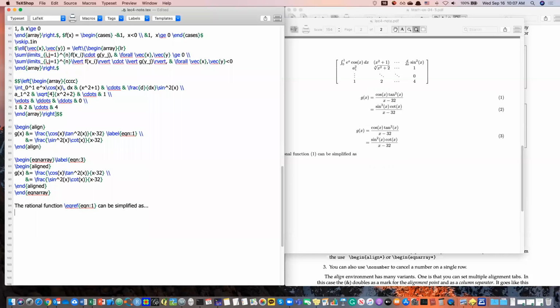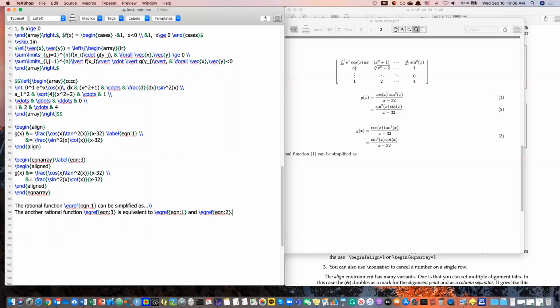Okay, dot dot dot, and then another, for example, rational function ref EQN 3 is equivalent to eqref EQN 1 and EQN 2.